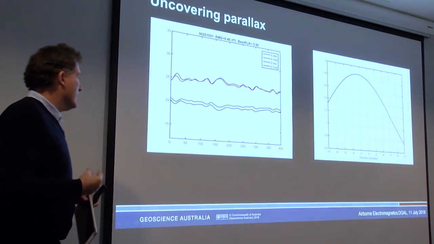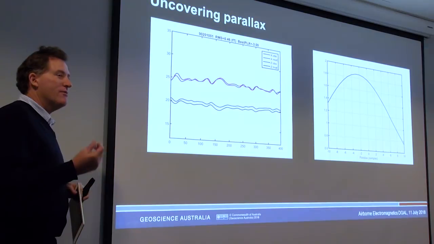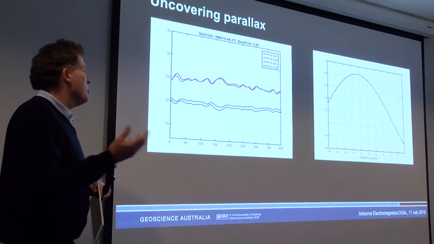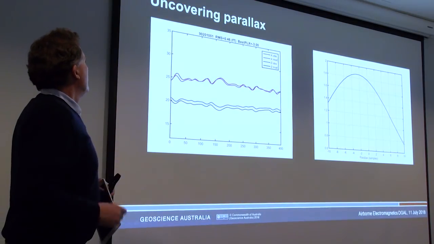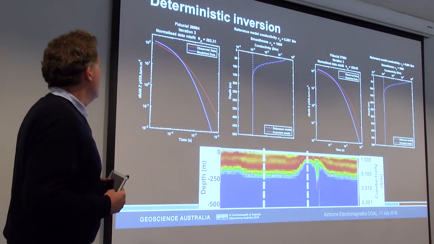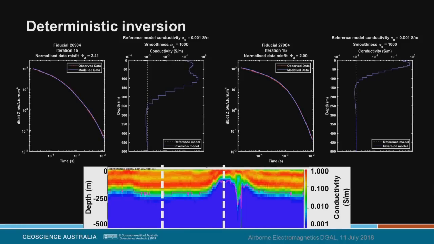So the contractor was able to fix that up, and we actually found a programming error in the AEM acquisition system. So all those things you have to do fastidiously before you can even start doing inversions.